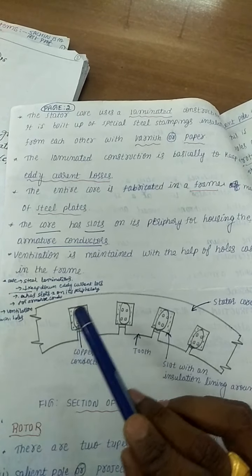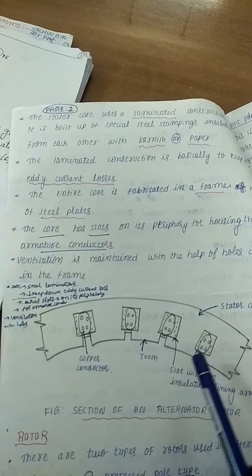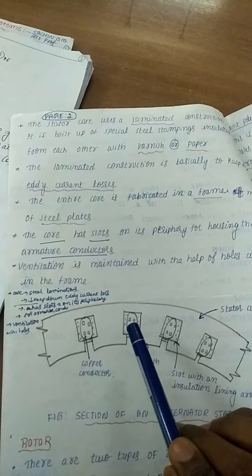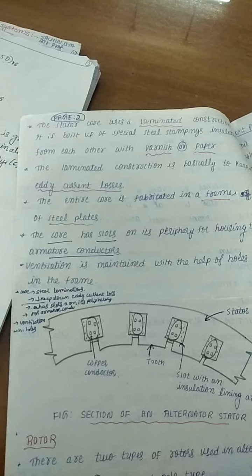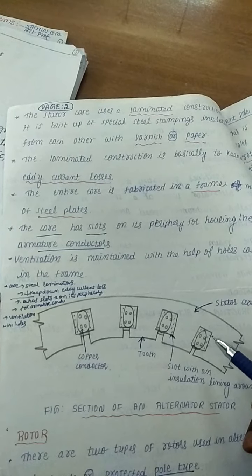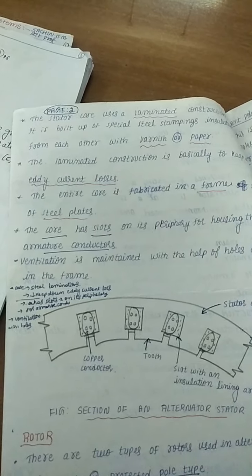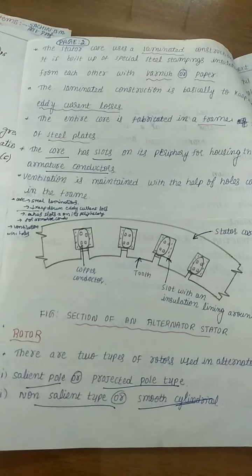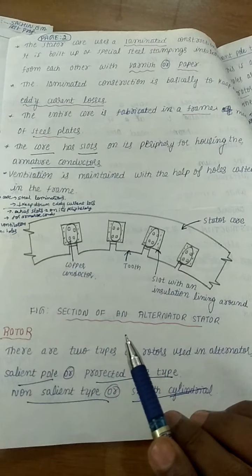It has slots on the periphery of its surface where you can place the armature conductors. And you have holes in the stationary core for ventilation purposes. So this is the section of an alternator stator.